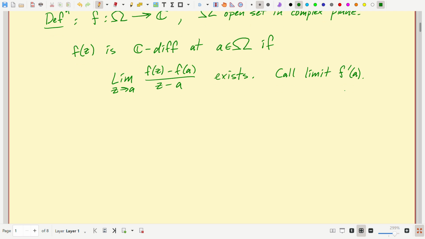Okay, let me do a quick example. It's going to feel exactly like freshman calculus all over again, and it really is. Let's do f of z equals z squared. If I take the difference quotient, that would be z squared minus a squared over z minus a.